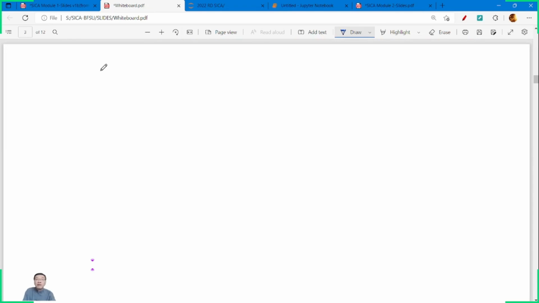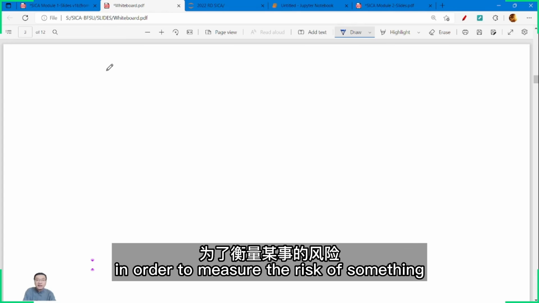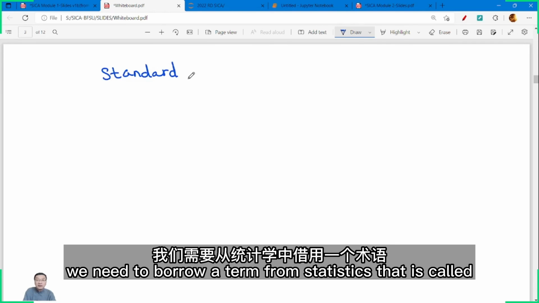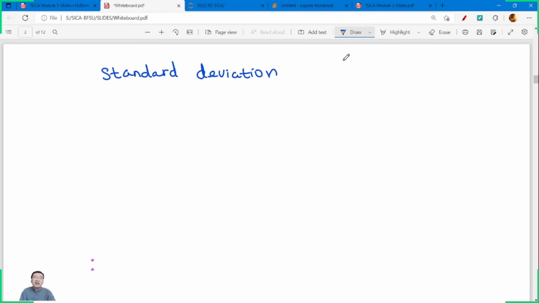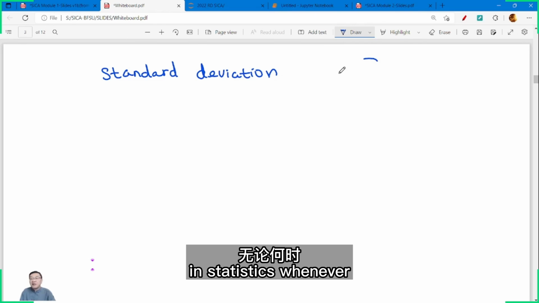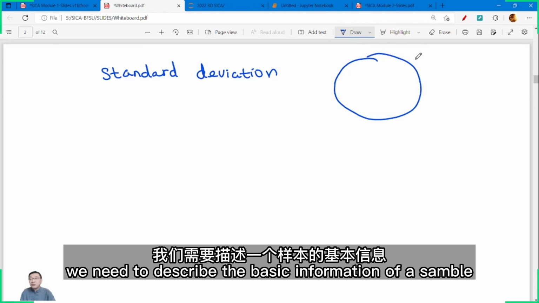In order to measure the risk of something, we need to borrow a term from statistics that is called standard deviation. In statistics, whenever we need to describe the basic information of a sample, we have to provide at least two measurements.